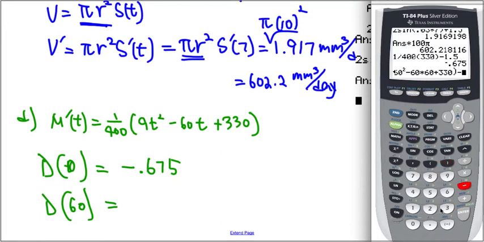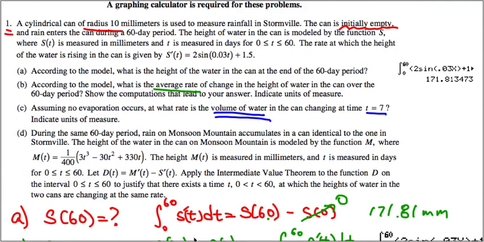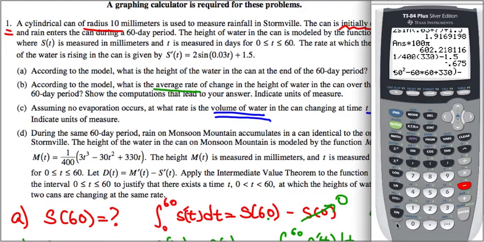Now, minus the sine value, the second function, 2 sine of 0.03 times 60, and then the negation will be distributed here, so we have minus 1.5.